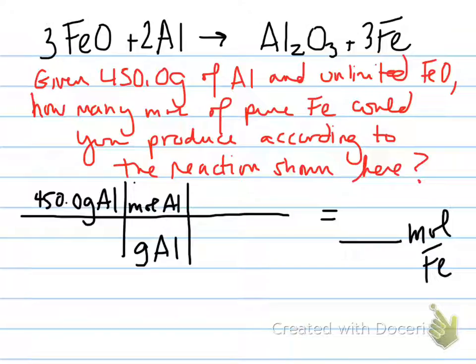Okay. What numbers will we be filling into those blanks? Well, there's only one number that goes in front of moles unless it's a given. What's that? 1. And what's the mass of aluminum? 26.98.